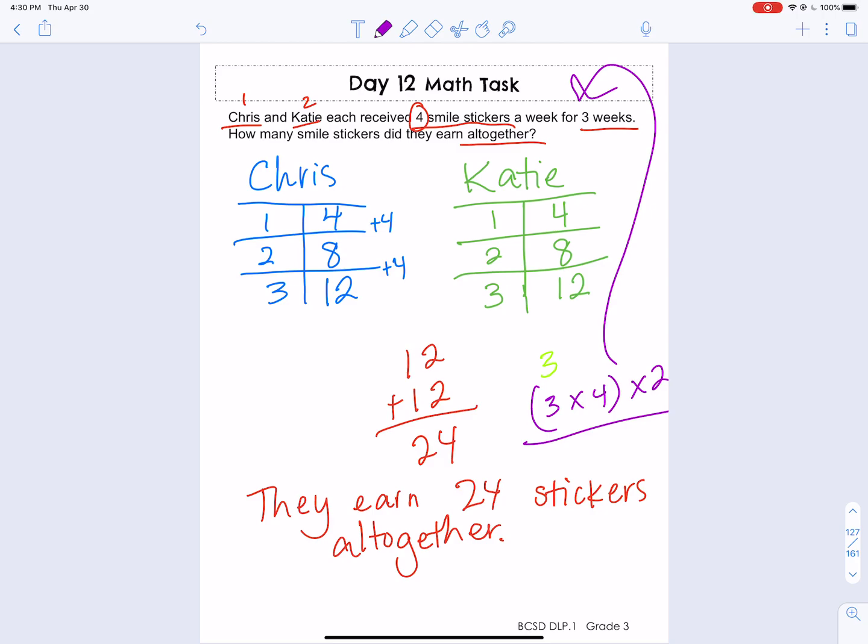So I could do something like Mrs. Whitman and her husband each bought 4 apples a week for 7 weeks. How many apples did they buy altogether? See how easy it is to kind of sub in your own words, and you can use an existing math problem in order to help you out if you're stuck on something like that with the write a story portion.